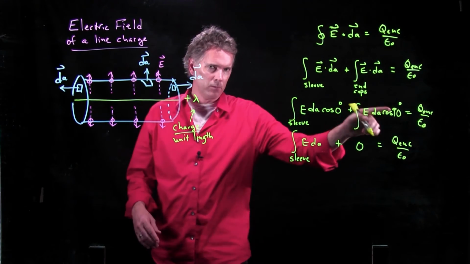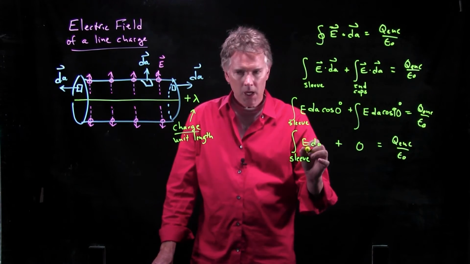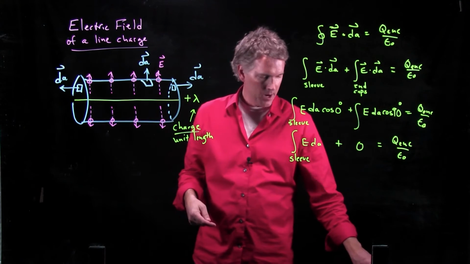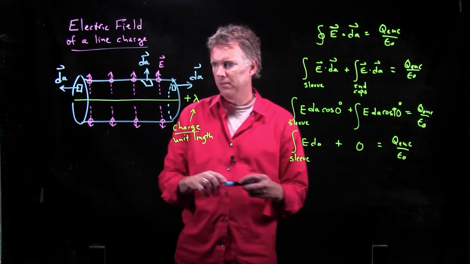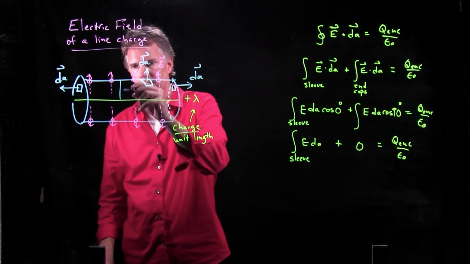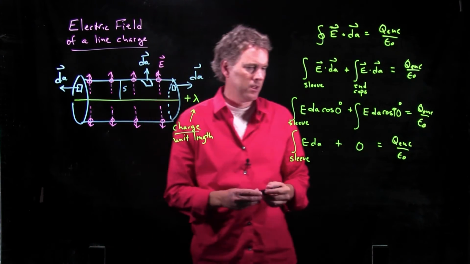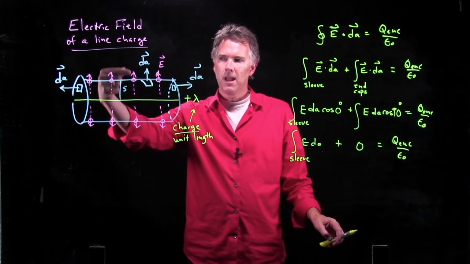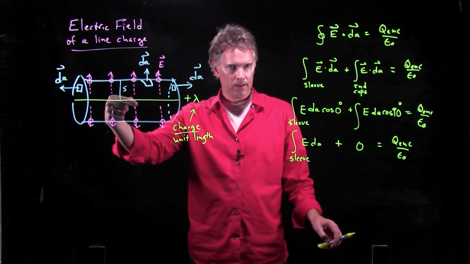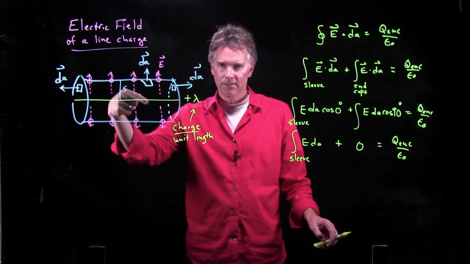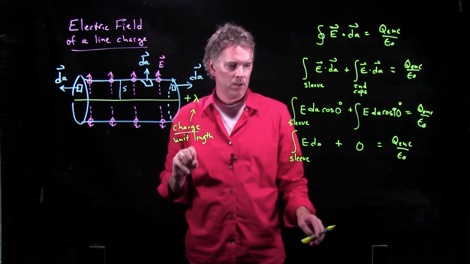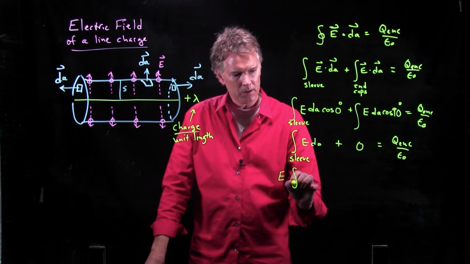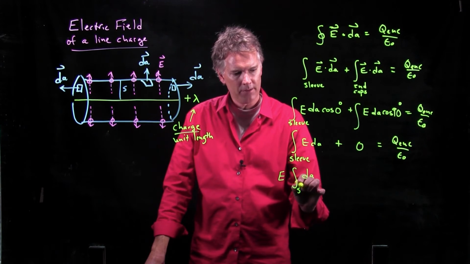So let's deal with this and then we'll worry about Q enclosed. E is a constant. If we are a fixed distance everywhere from that surface, and we call that distance S, then the magnitude of E has to be the same everywhere around that can. By symmetry, it has to have the same value. So E comes right out of the integral: E times the integral of dA over that sleeve.